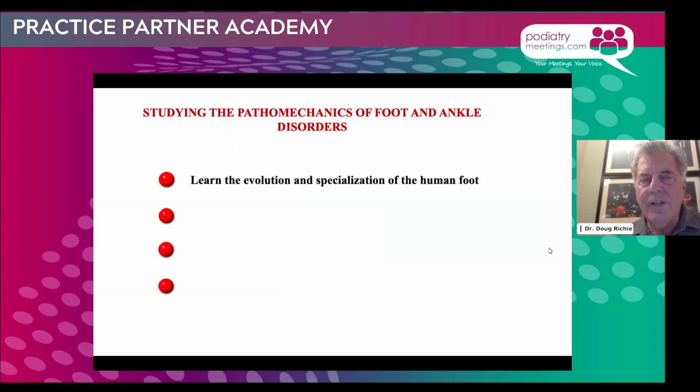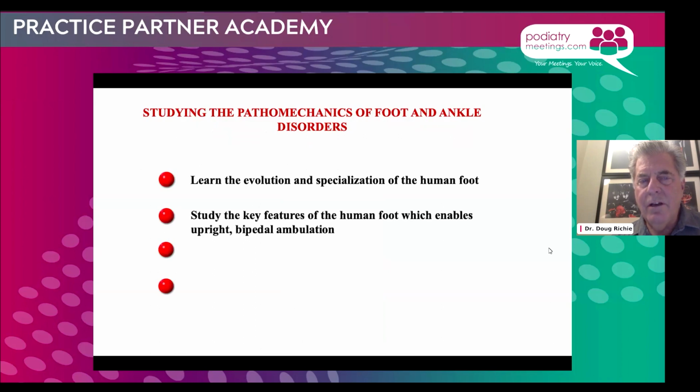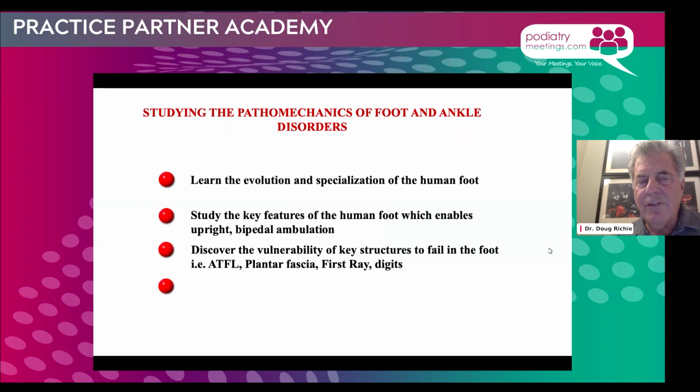I think it's important that we study the pathomechanics of foot and ankle disorders. And in my book, I felt that it was important to look at the evolution and specialization of the human foot. More importantly, to study what features of the foot are unique and really allowed the human to assume an upright bipedal ambulation. And interestingly, those unique features actually are those that are most vulnerable to failure.